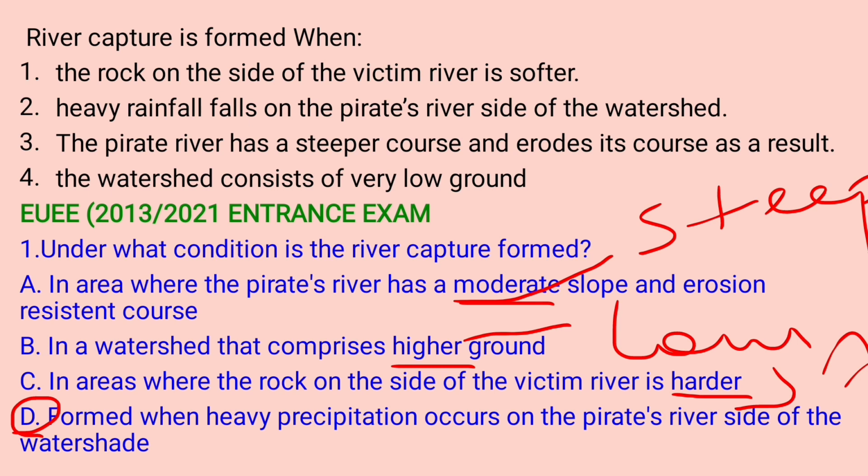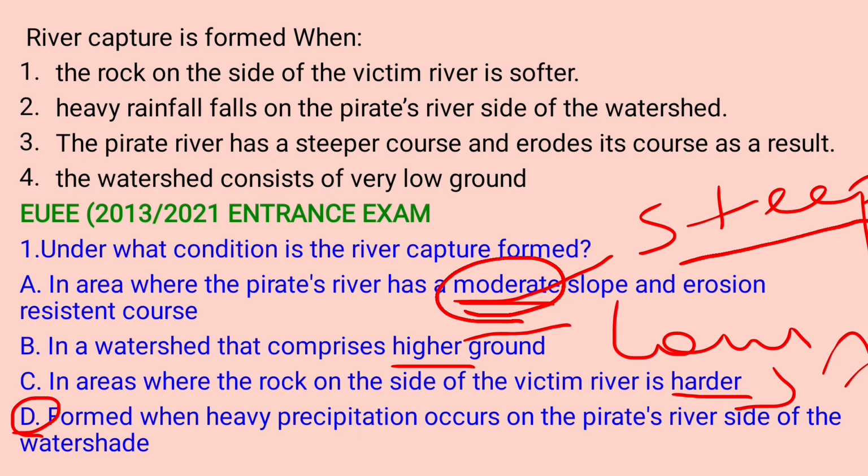So, distractor A said river capture was formed in an area where the pirate river has moderate slope, but it is not moderate, it is steep slope. B says river capture is formed when the watershed contains higher ground, but it is lower ground, not higher ground.